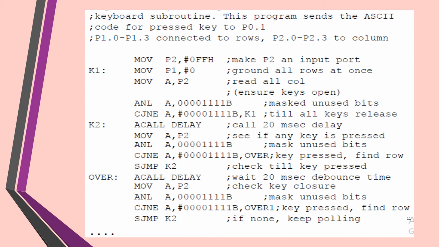Then over the loop, call delay, MOV A, P2, check key closure, and ANL A, #00001111B, so mask unused bits. Then CJNE again A, #00001111B. So if the key is pressed, find the row, and if not pressed, then go on doing the same thing.